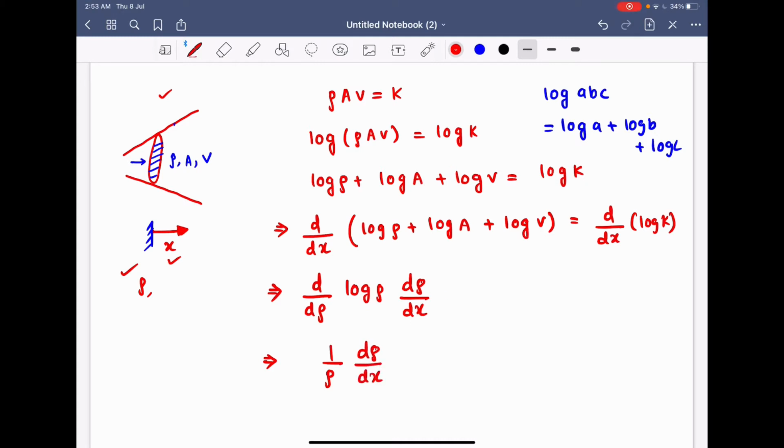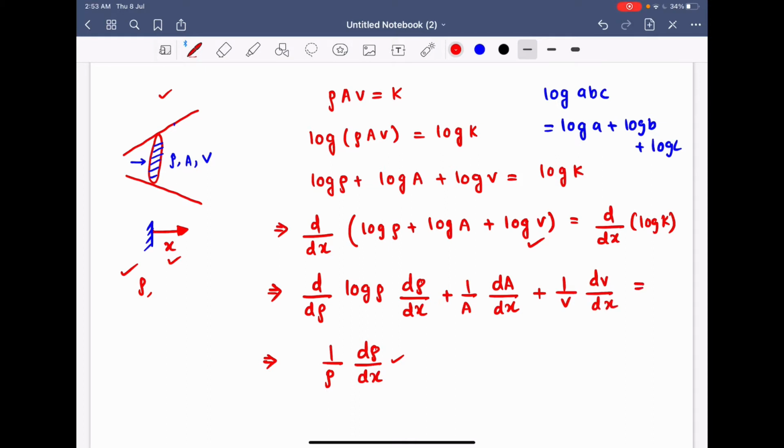Similarly, for the second one, if you differentiate in the same manner, you get 1 by A dA by dx, and for the third, 1 by v dv by dx.